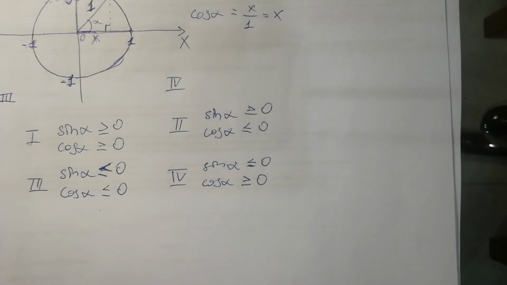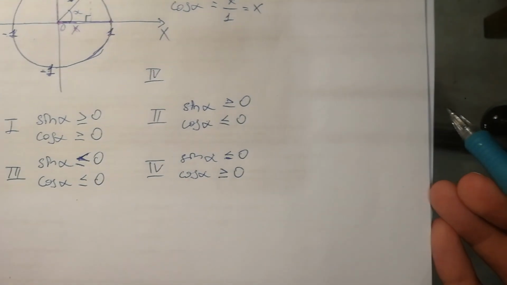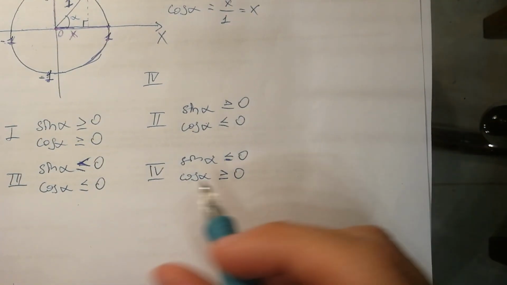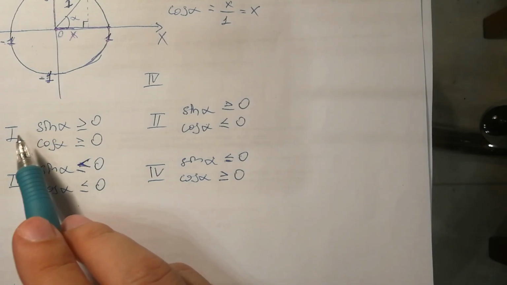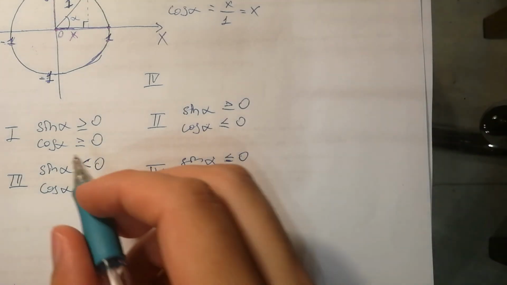What can we say about tangent and cotangent? Okay, in the first quarter everything is simple.